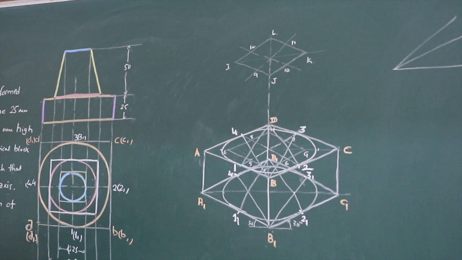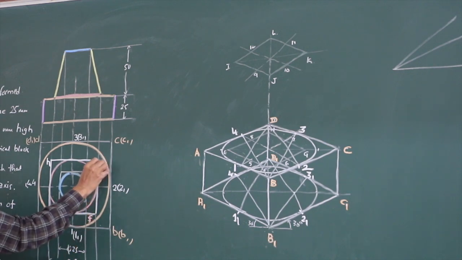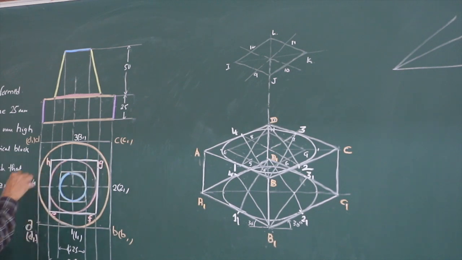Enclose this in a box. Okay, you can call it as E, F, G and H.